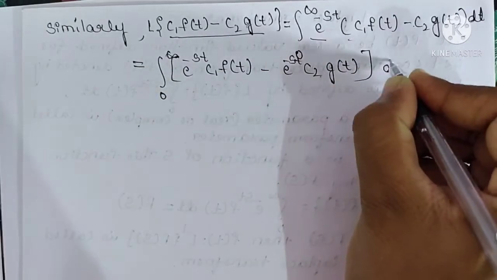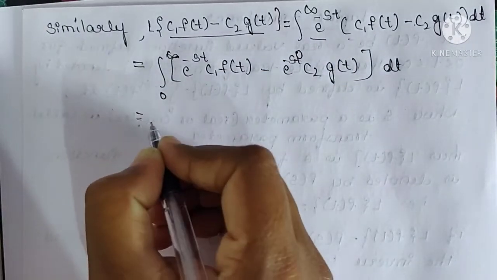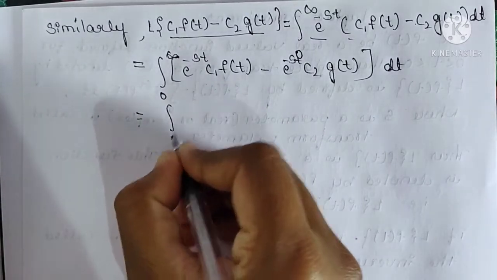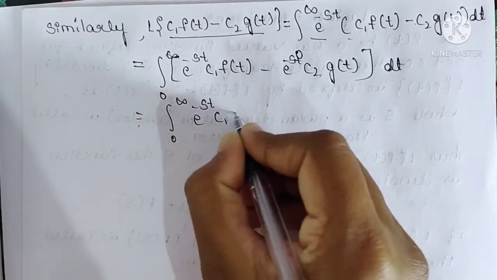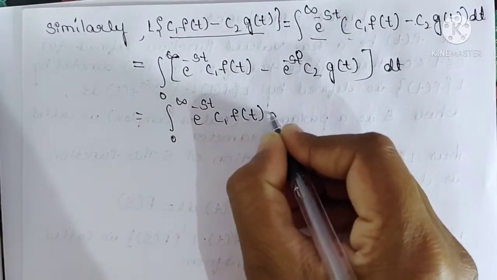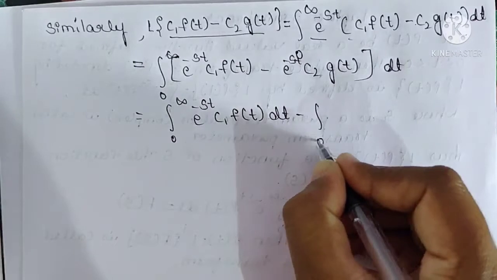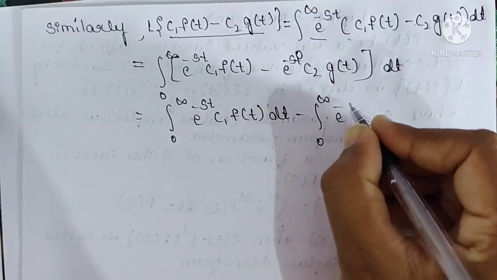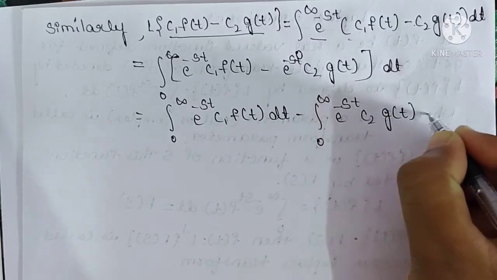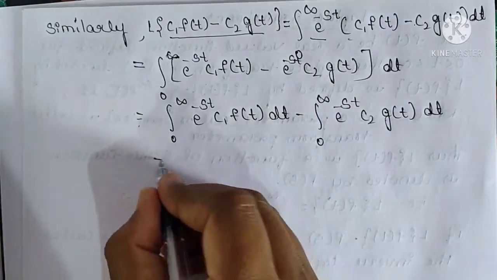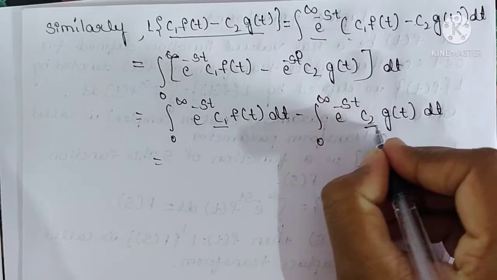Into dt. Now split. That is integral from 0 to infinity of e^(-st) c1 f(t) dt minus integral from 0 to infinity of e^(-st) c2 g(t) dt. Here c1 is constant, here c2 is constant.